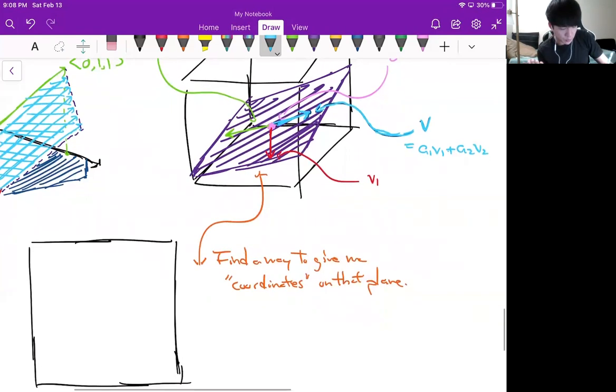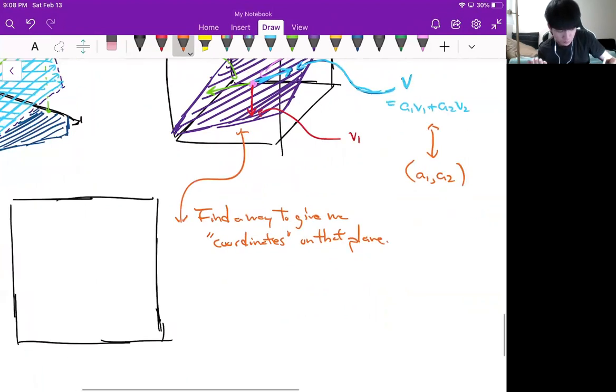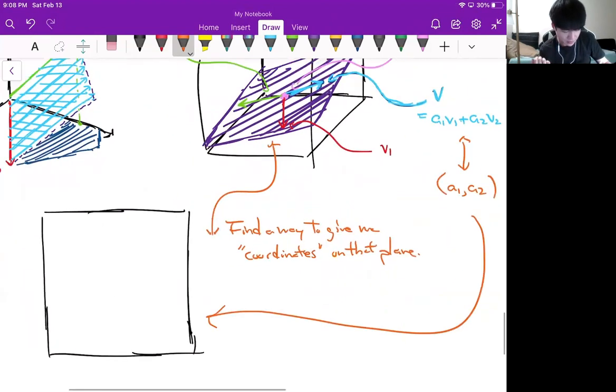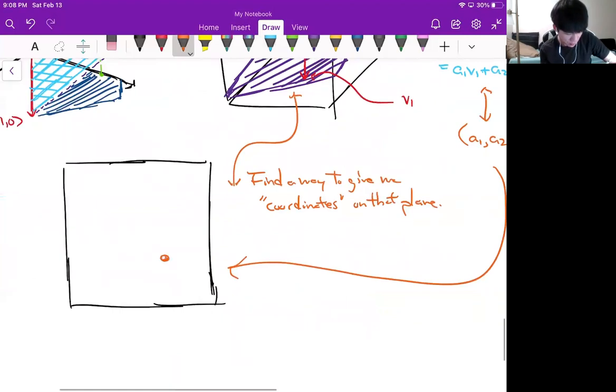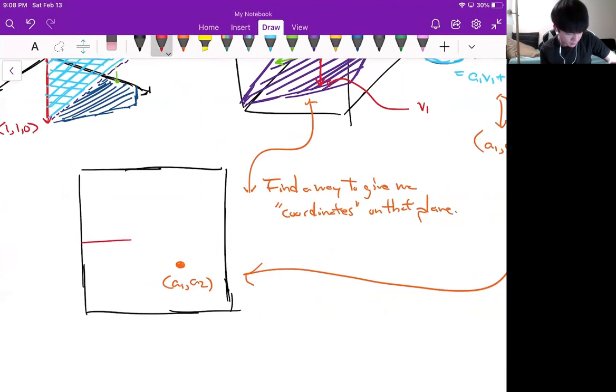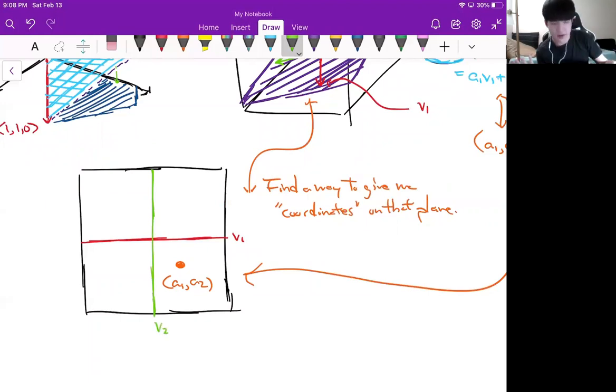Then I'm going to put this in bijection with the point A1, A2 that lives on this plane. And this is the V1 axis and this is the V2 axis. Notice this looks a lot like a plane.